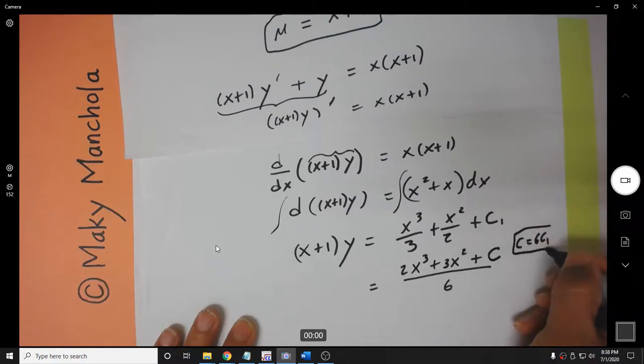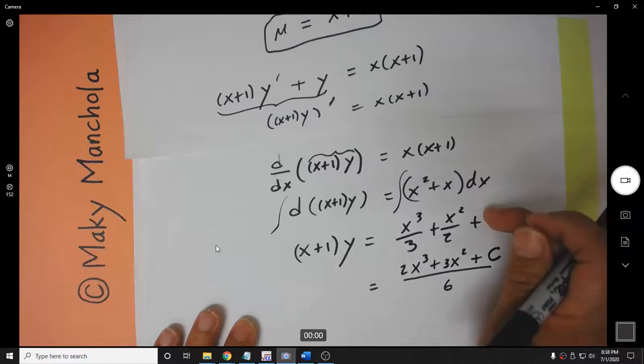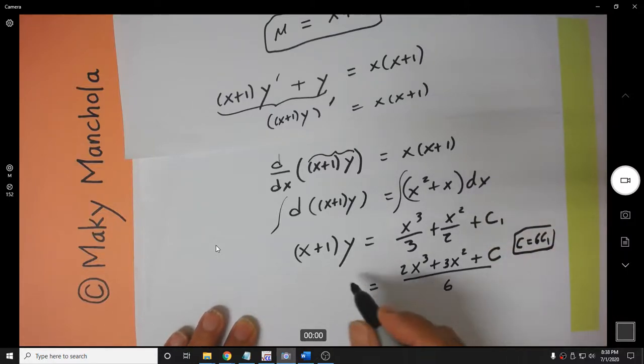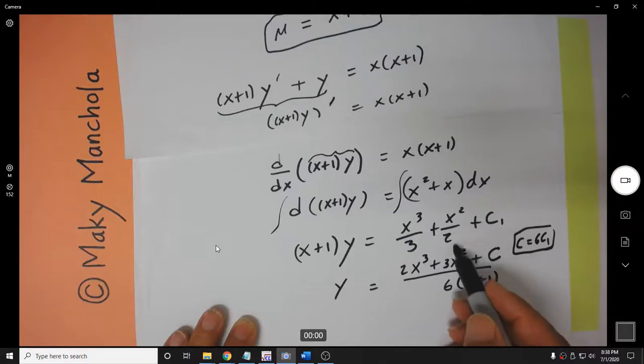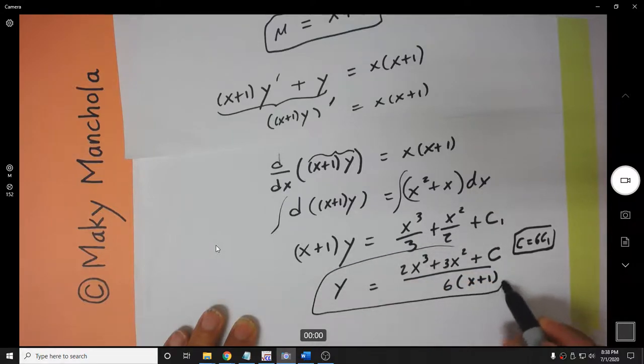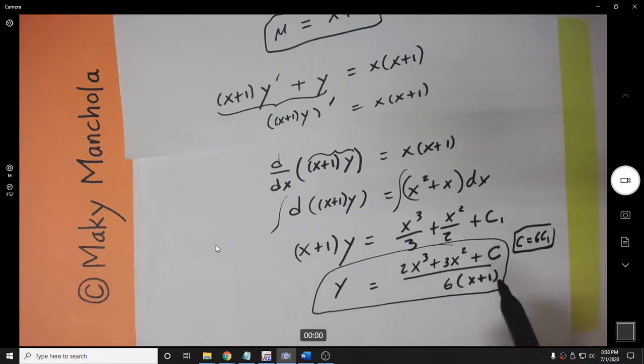It's just a constant, so I'm calling it c. That's c1, this guy is c. And then since we are dividing both sides by x plus 1, we end up with this answer. y equals 2x cubed plus 3x squared plus c all over 6 times x plus 1.